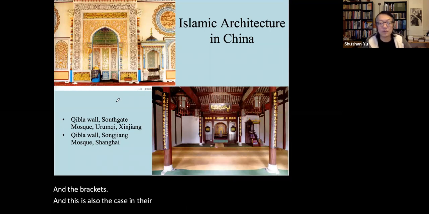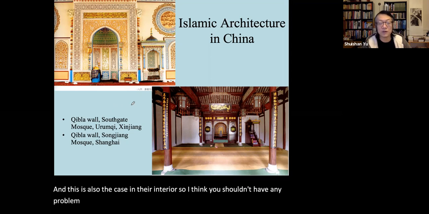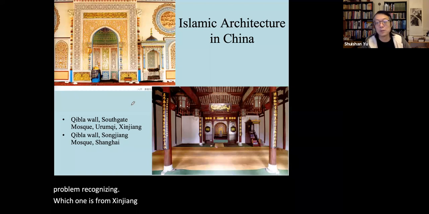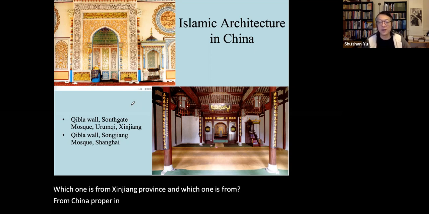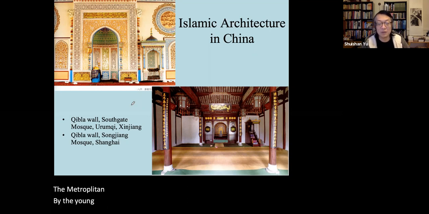So I think you shouldn't have any problem recognizing which one is from Xinjiang province and which one is from China proper. In this case, it is from Shanghai, the metropolis by the Yangtze River, right?